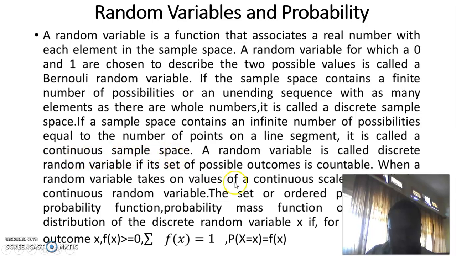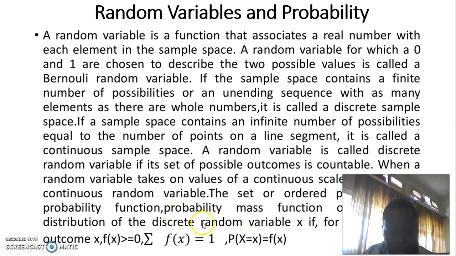A random variable is called a discrete random variable if its set of possible outcomes is countable. When a random variable takes on values on a continuous scale, we call it a continuous random variable.